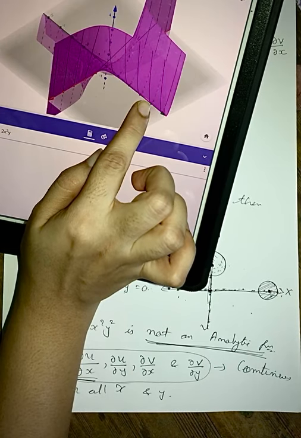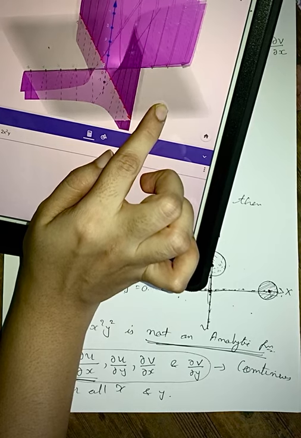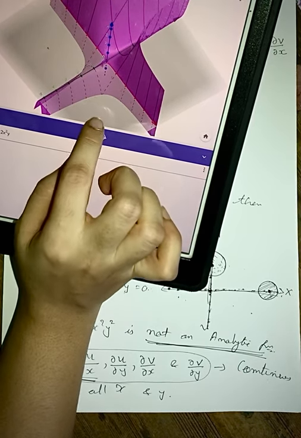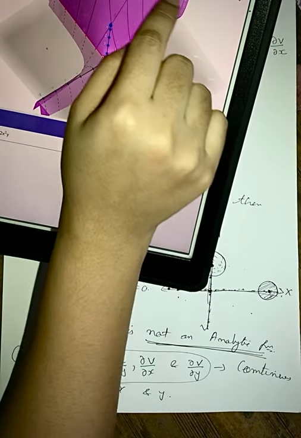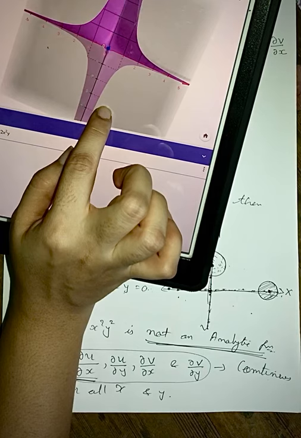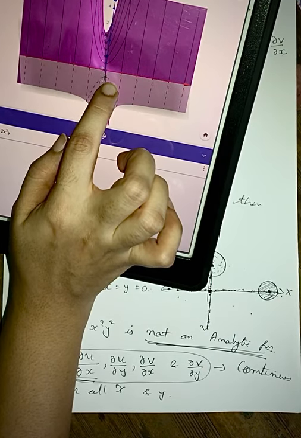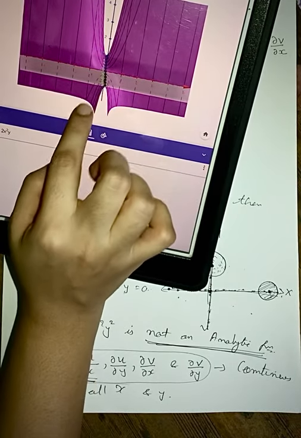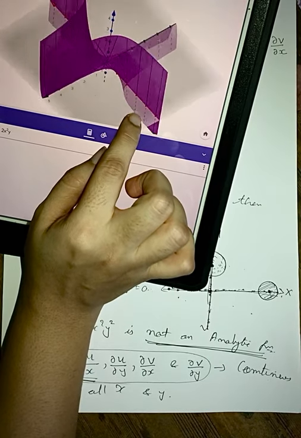Let us see. You can see here that it is not continuous. You see the breaking lines. Yes, it is very clear now. But you find some continuity when you are closer to the coordinate axis.